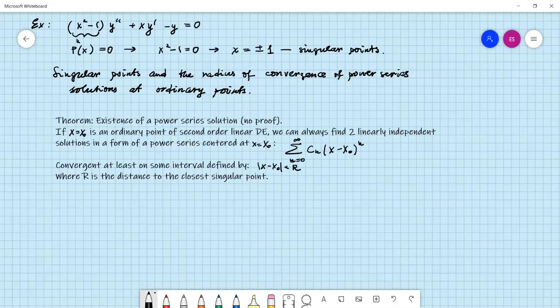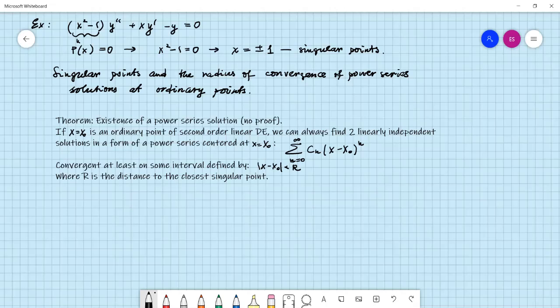The theorem is going to help us answer the question, what is the minimum radius of convergence of the series you found? For example, you solve the equation, you find the coefficients, and there are two series, y1 and y2. They both solve the equation, general solutions, right? Now, where are they convergent? Sometimes it's going to be hard to check because there is no general formula. But this theorem is going to help us predict the minimum radius of convergence. Minimum means that it can be greater, but it cannot be less.